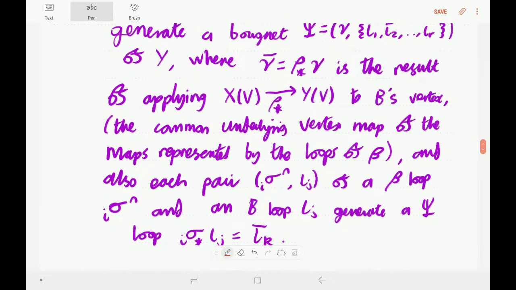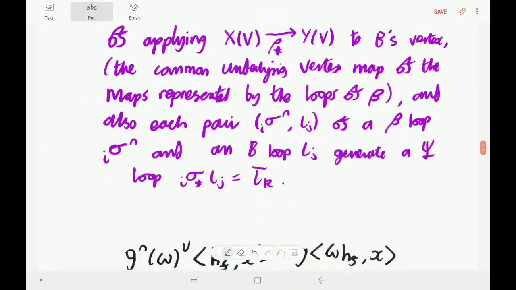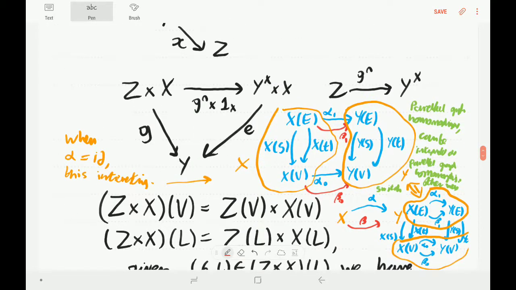Remember the basic architecture of these exponential objects. Whenever we have some arrow g from z times x to y, there ought to exist this adjoint, g adjoint, from z to y to the power of x, which makes this triangle commute here. Okay, just one, in fact.